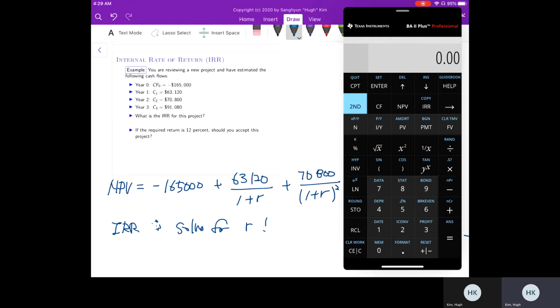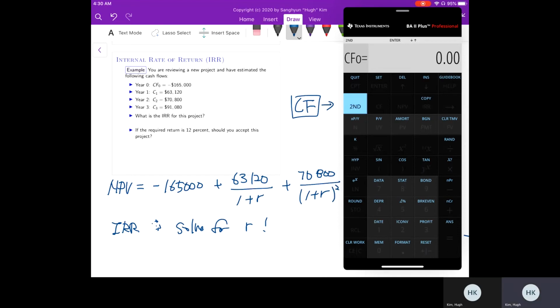So we're going to use the cash flow key here. Before we do any problem, we want to clear the memory. So press second and clear work key here.